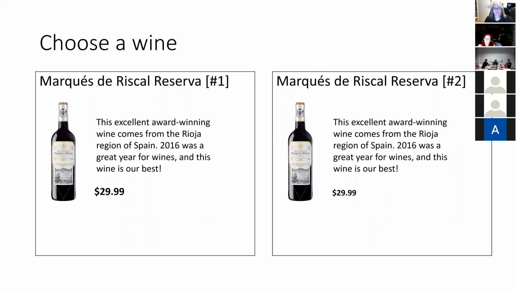Here's another good one. When asked to pick between two of the exact same wine, which would you rather? Most people go for number 2. The only difference here is that the price is a little bit smaller on the left, number 2.